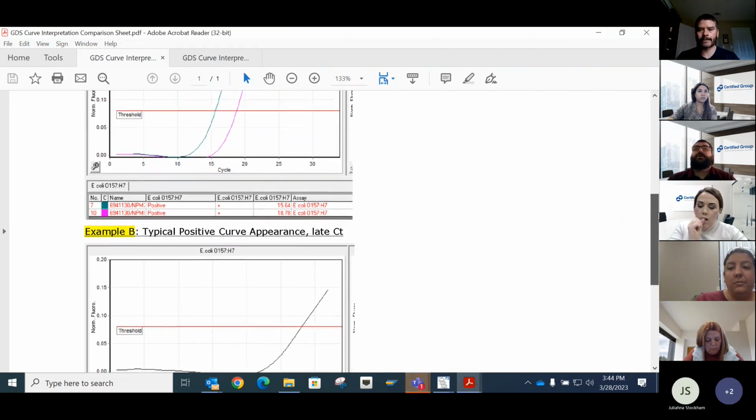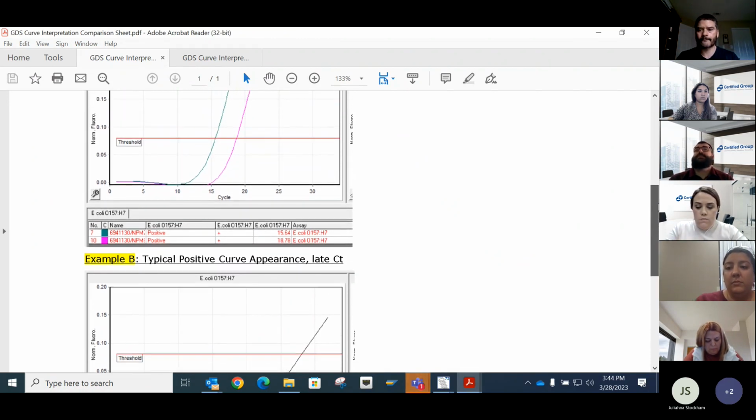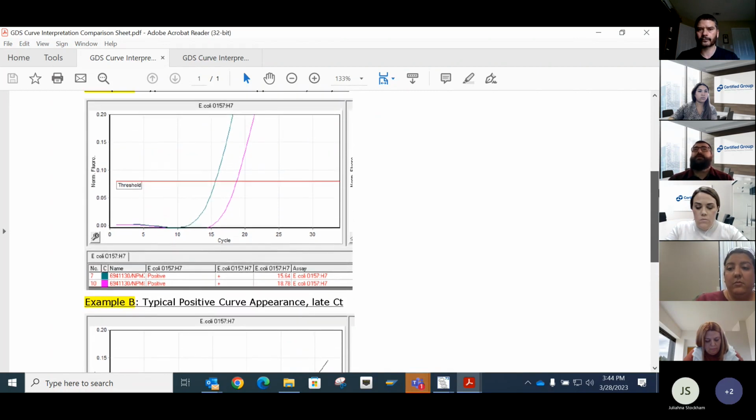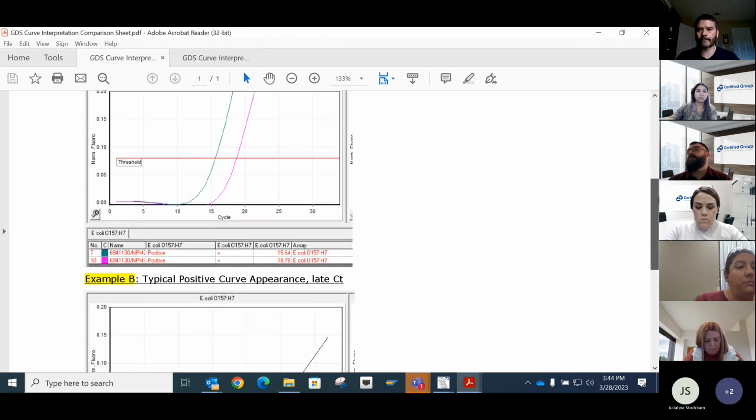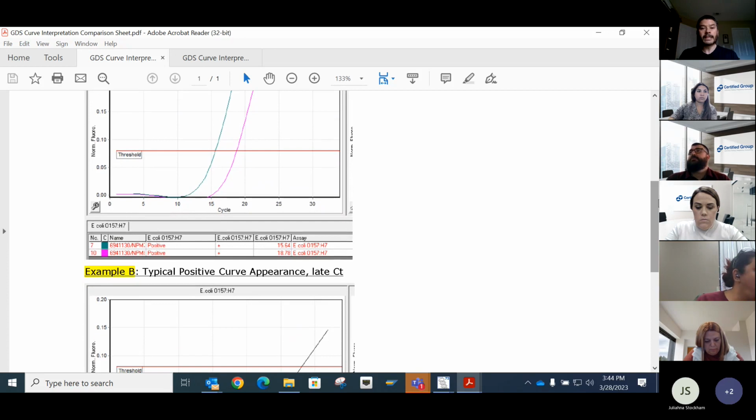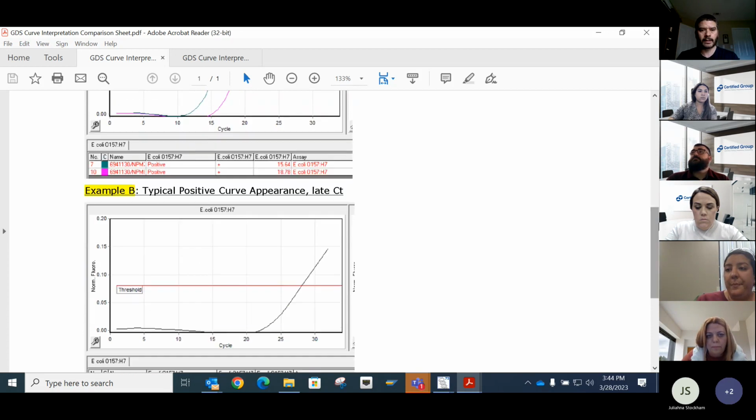Just quick questions on them. I know most of the time we're seeing the line go below the zero value. Is that just part of the software, or what's going on there? Yeah, that's perfectly normal. And you see in both of these examples that is the case. That is just background fluorescence that occurs in the tube when it goes below the threshold.